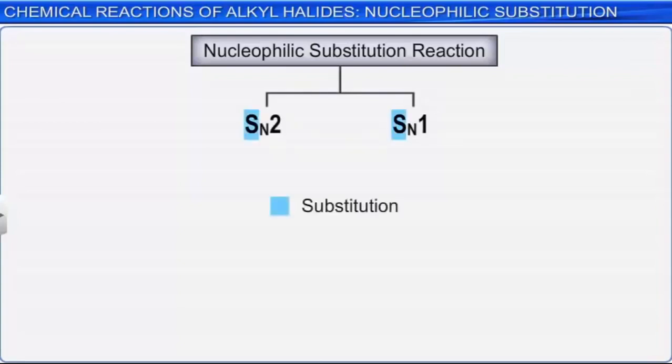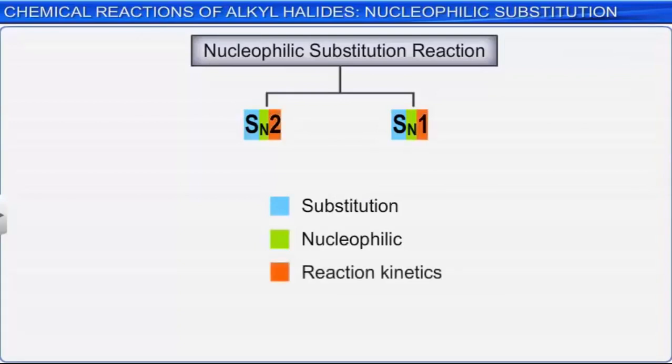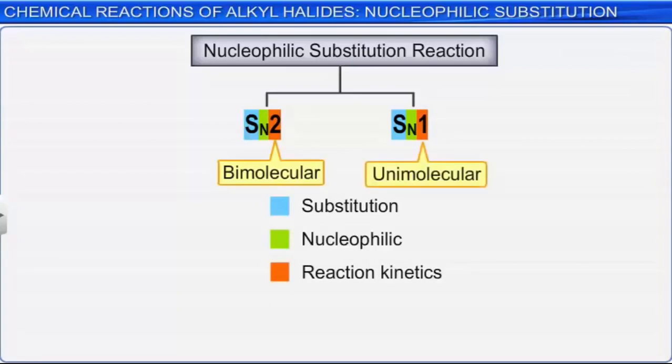The S is for substitution and the N is for nucleophilic. Since these reactions are initiated by the nucleophile, the number gives information on the reaction kinetics, 2 for bimolecular and 1 for unimolecular.